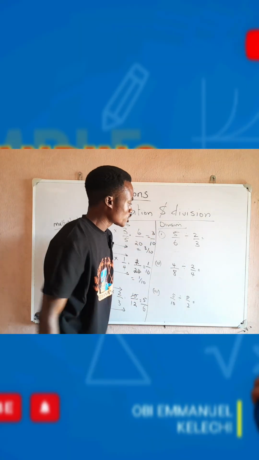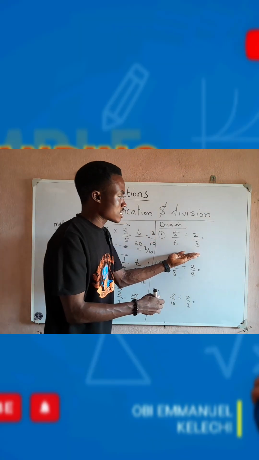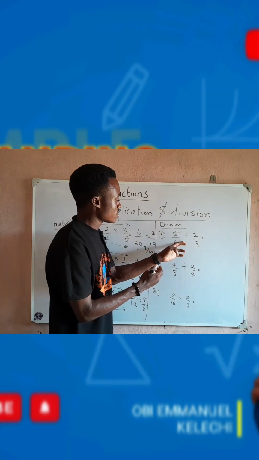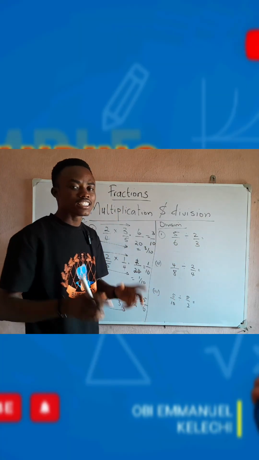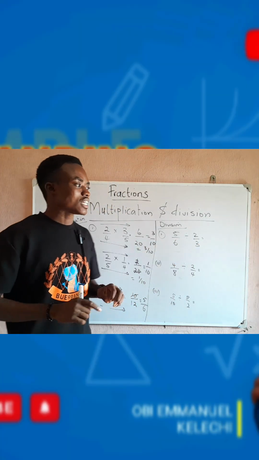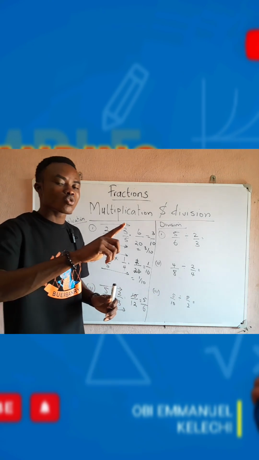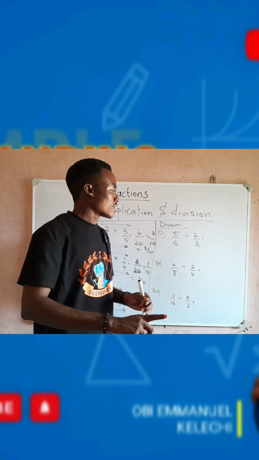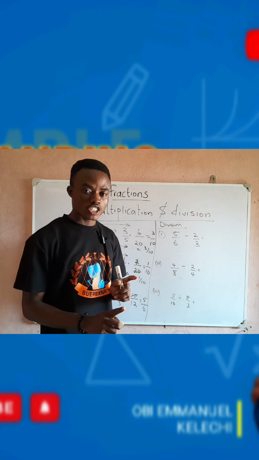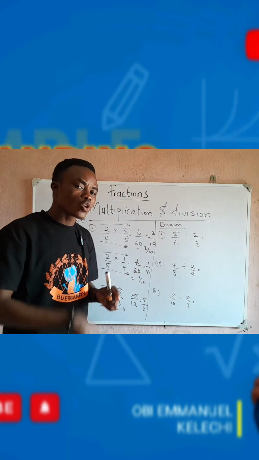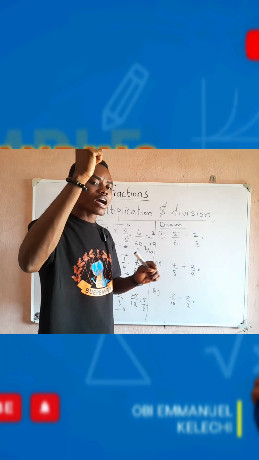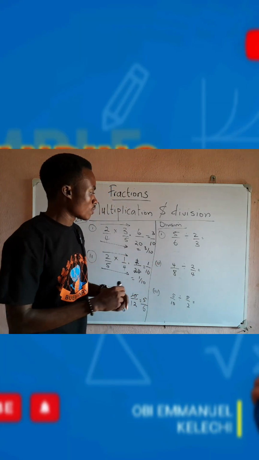Then for the division, this is an example now. 5 over 6 divided by 2 over 3. In the law of division in fractions, you must convert it to multiplication. Then the denominator will go up and the numerator will come down.